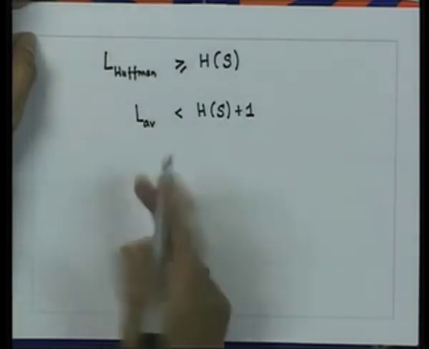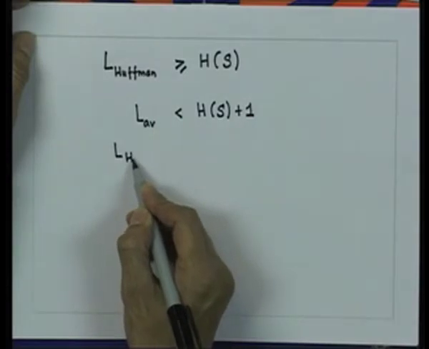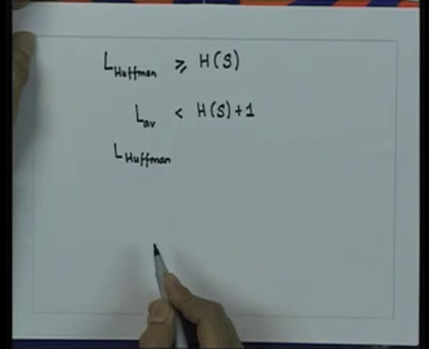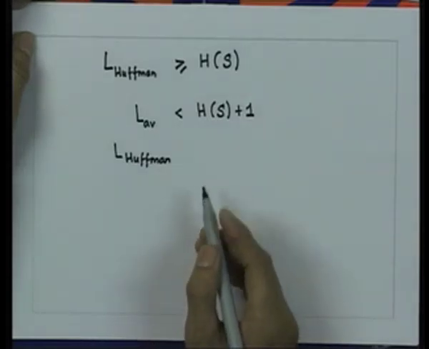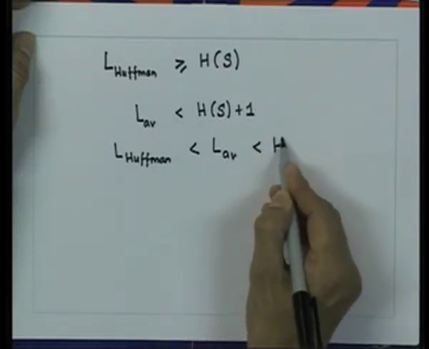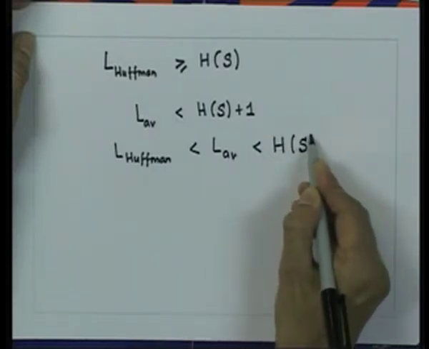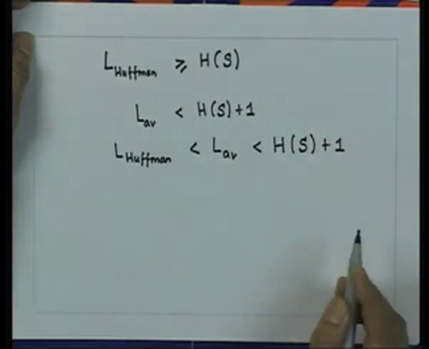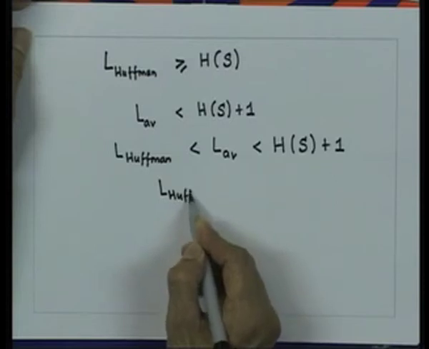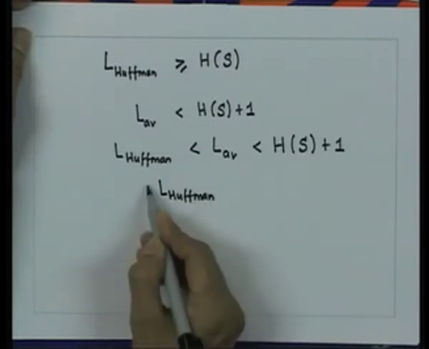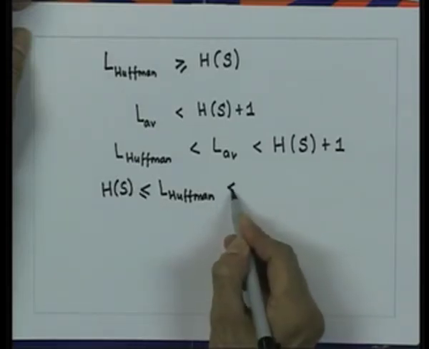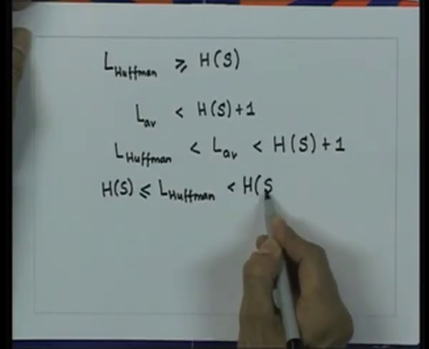So, it means that because the length of a Huffman code is less than the average length of the Shannon code, which in turn implies that it is less than HS plus 1. So, we can say that for the Huffman code also, the average length will be bounded from the lower side by entropy and from the upper side by 1 extra bit, entropy plus 1.